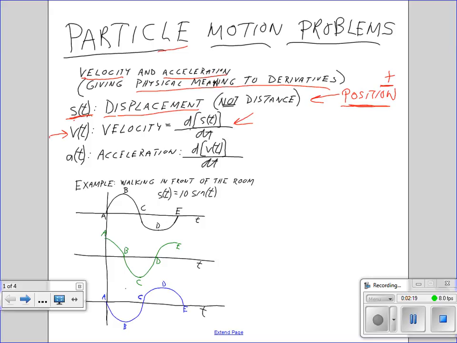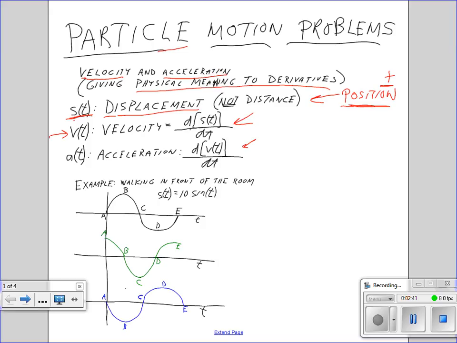We'll talk about speed later. Speed is not velocity. Velocity, again, could be positive or negative. It tells me how I'm moving. Is my change of position positive or negative? Then acceleration tells me how my velocity is changing with time. And those do have physical meanings.